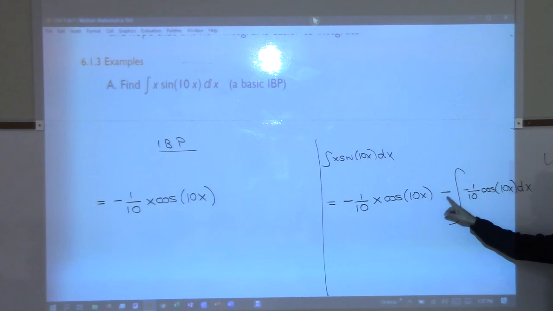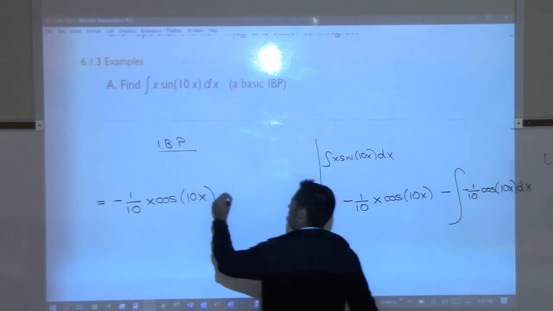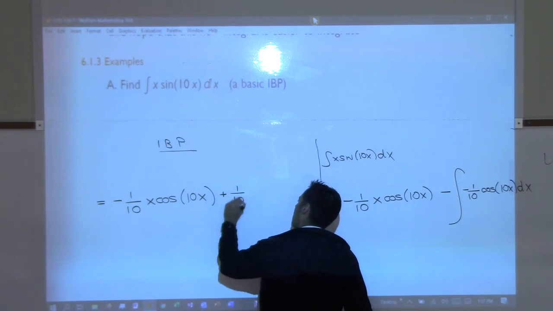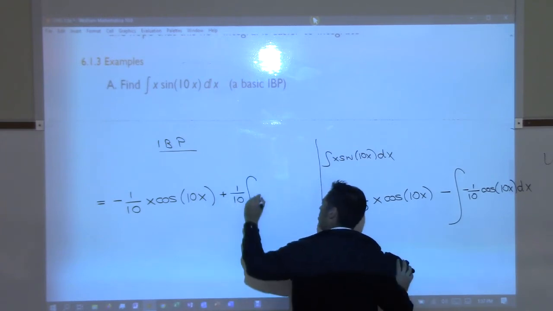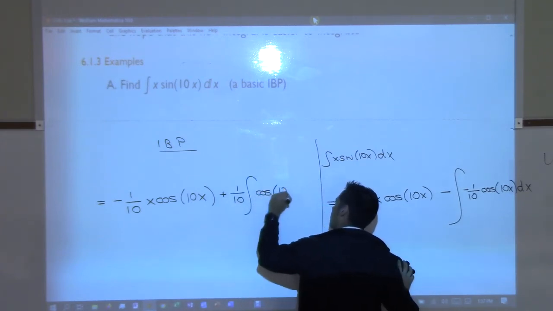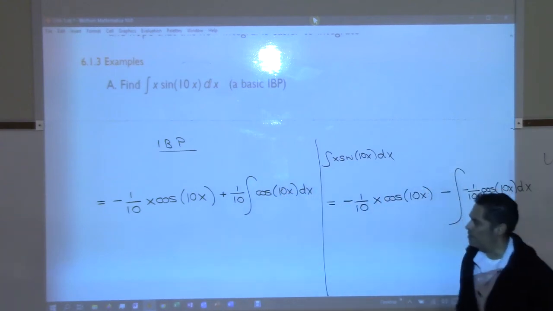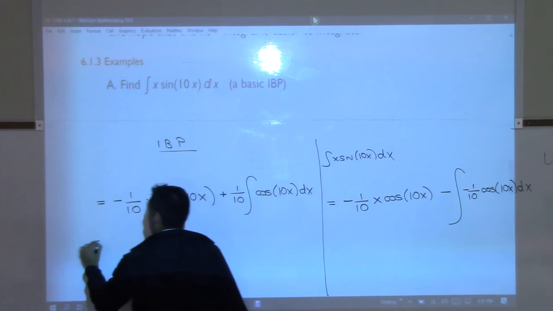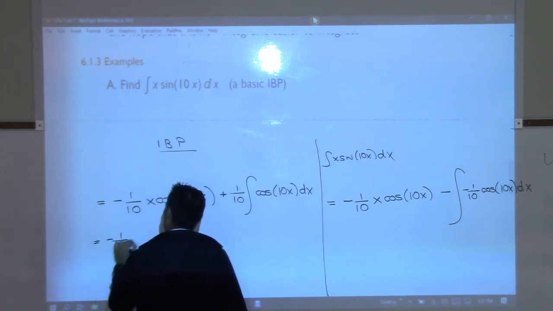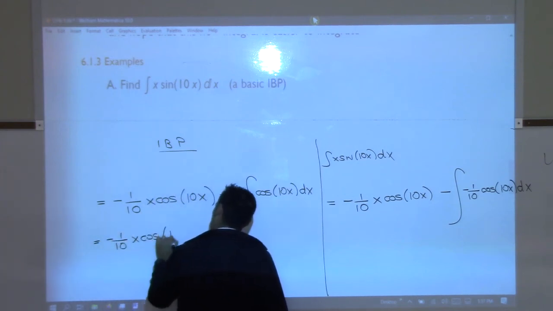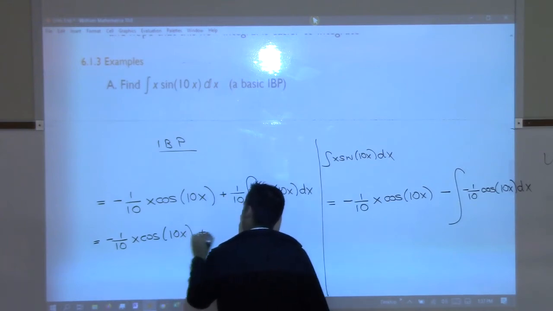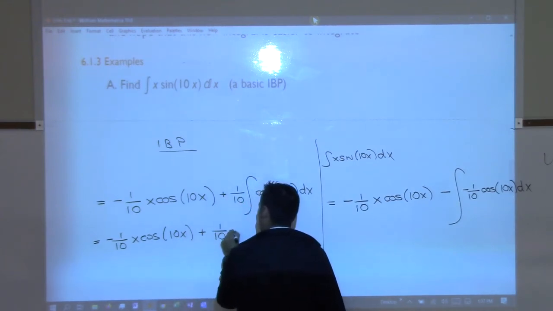So if I brought this outside, this would just become plus 1/10, right? So why don't we do that? We're going to put plus 1/10, and then we have to do the antiderivative of cosine of 10x dx. Do you feel okay with that? Okay, so I'm going to go to the next line and rewrite everything: negative 1/10 x cosine of 10x plus 1/10, and then Rifa's got our antiderivative here. What is it?